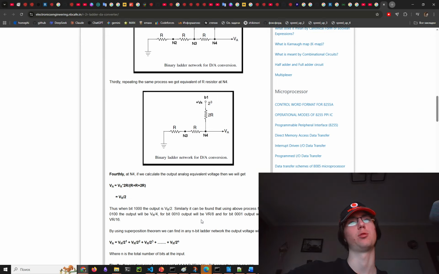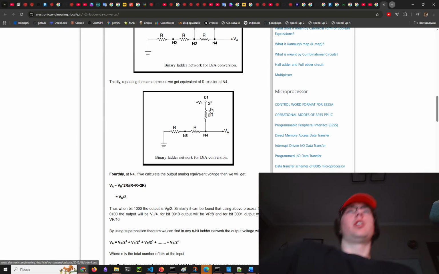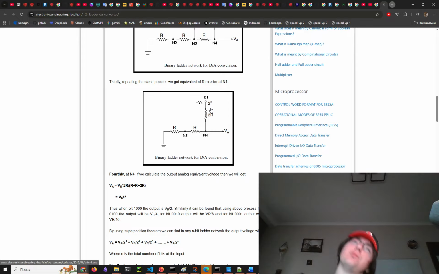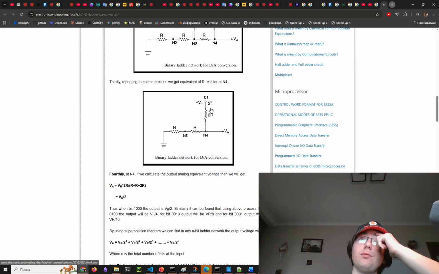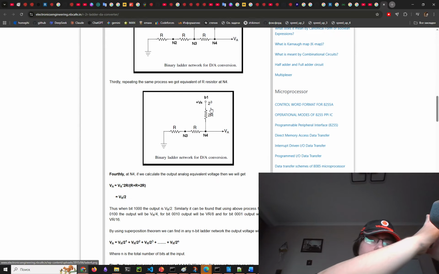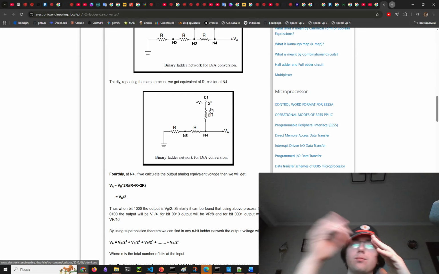Probably getting something wrong. One moment. So we got VR divided by 2 when we had the most significant bit equal to 1.